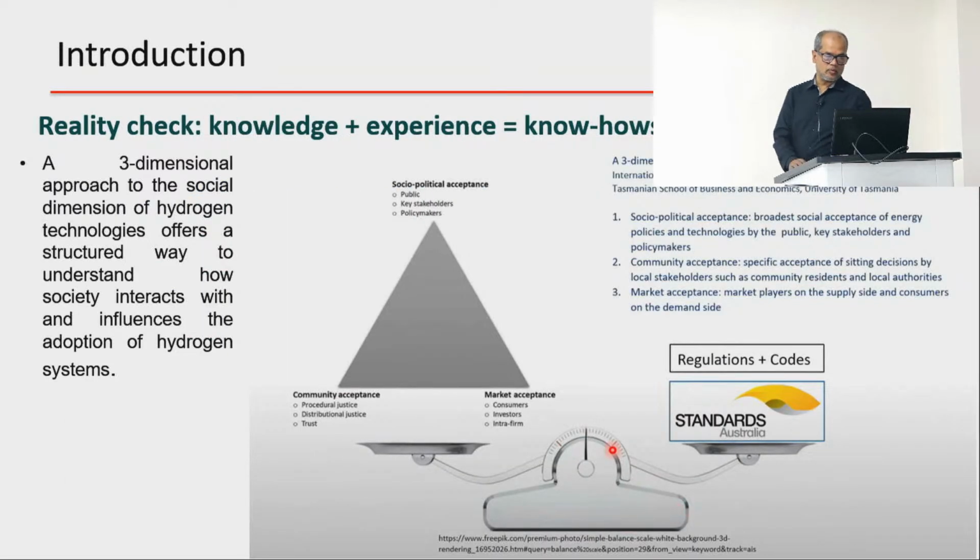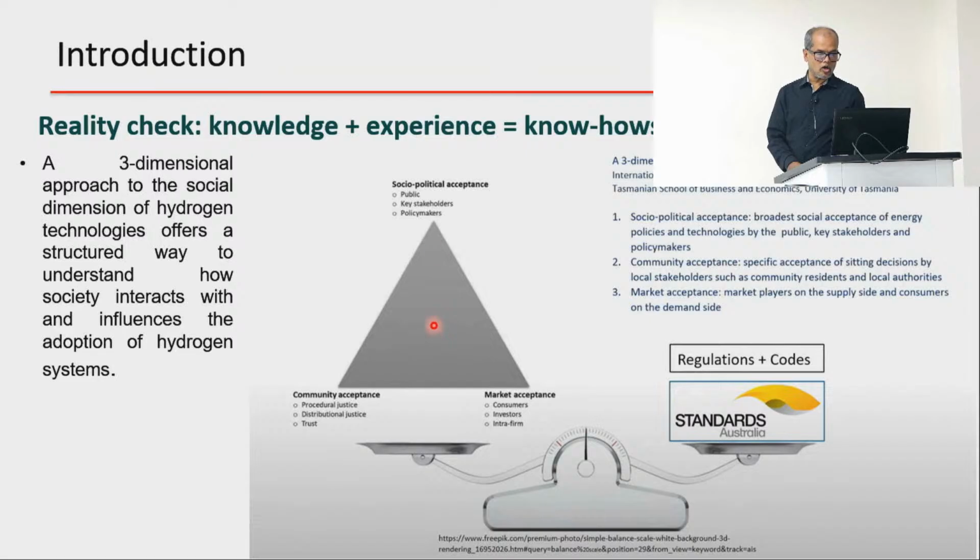So this is one of the three-dimensional frameworks that people working in social science use to provide a structured way to understand how society interacts with and influences the adoption of hydrogen. Here you can see there are three components: socio-political acceptance, community acceptance, and market acceptance.